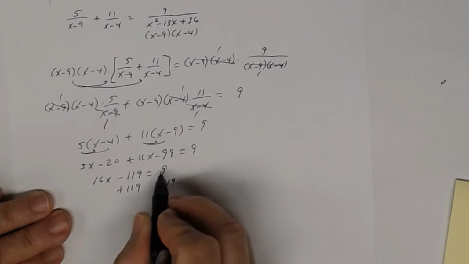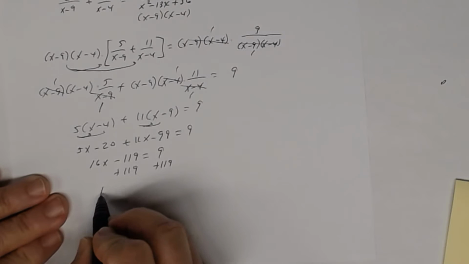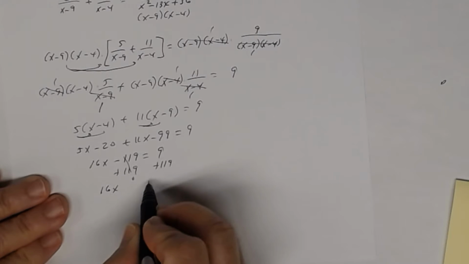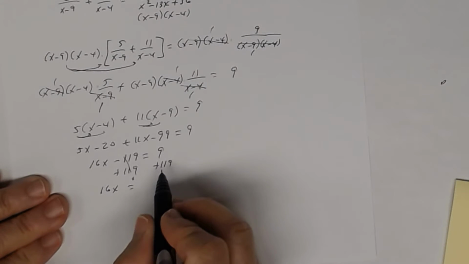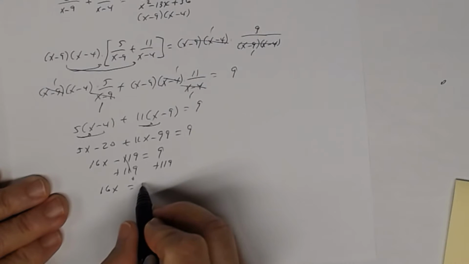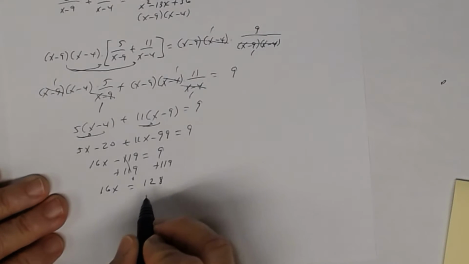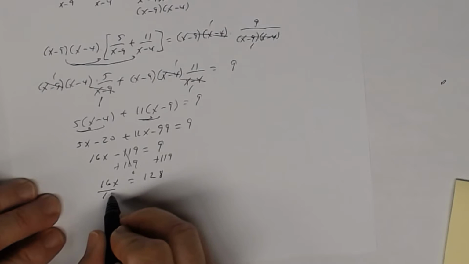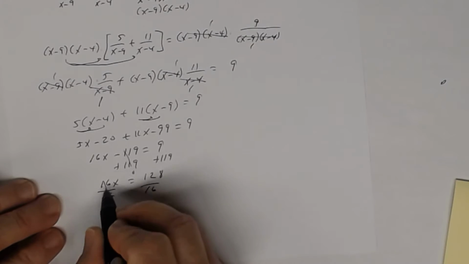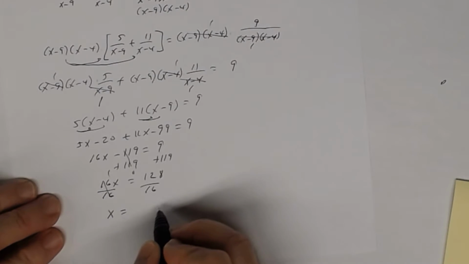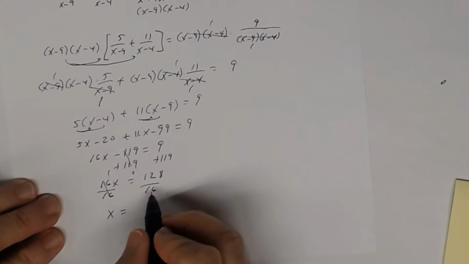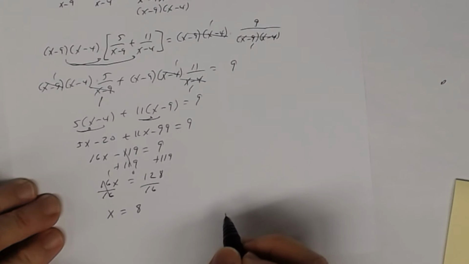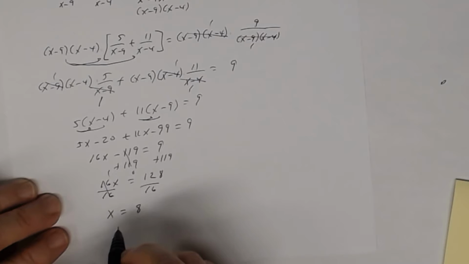What you do to one side, you do to the other. So I get 16x, this is 0, equal 9 and 119 is 128. And then finally, dividing both sides by 16, I get my proposed solution to be 128 divided by 16 is 8. All right, so that's my proposed solution.